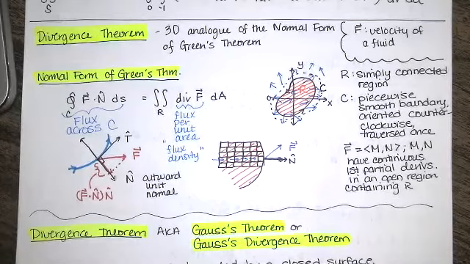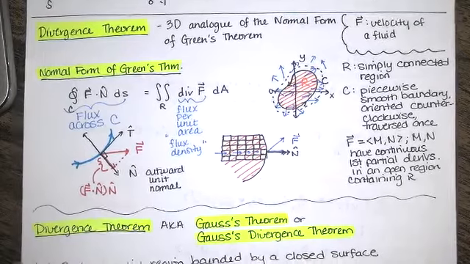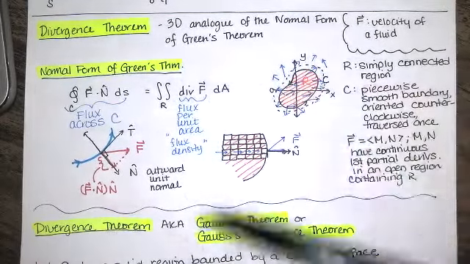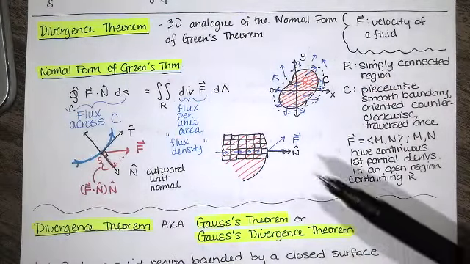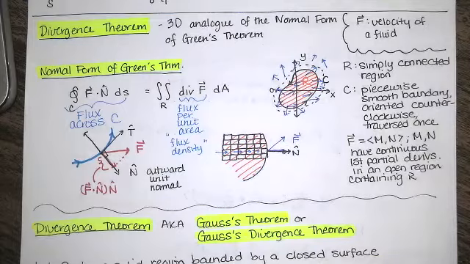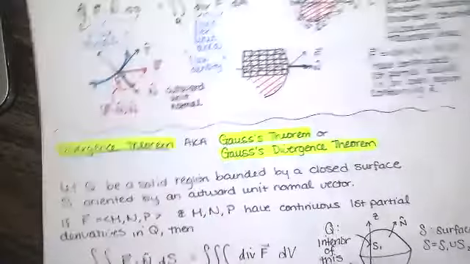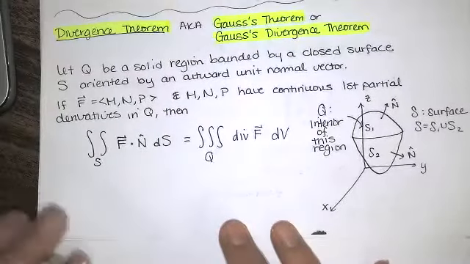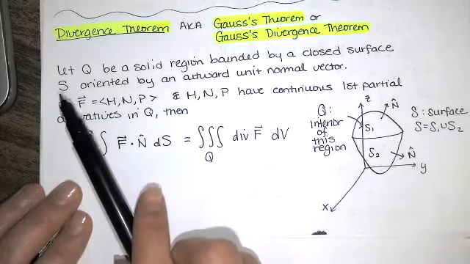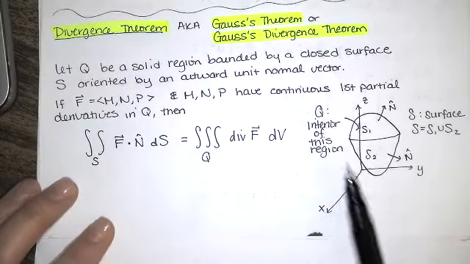The divergence theorem and Gauss's theorem, Gauss's divergence theorem, those are all the same thing. It's almost exactly like this, just in 3D instead of in 2D. So here's the divergence theorem. It says, let Q be a solid region bounded by a closed surface S, oriented by an outward unit normal.